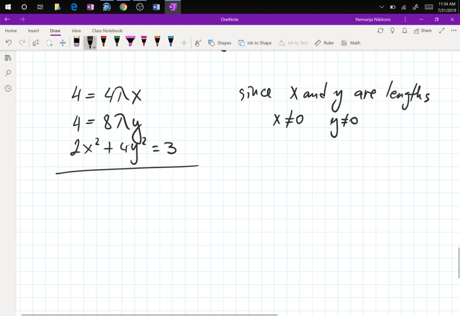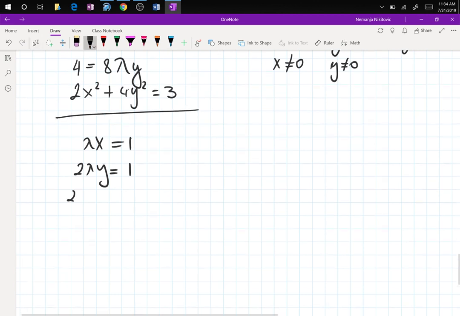So let's simplify the system. Divide both sides by 4. I have lambda x equals 1. Divide the second one, everything, you get 2 lambda y equals 1. And the last equation stays as 2x squared plus 4y squared equals 3.